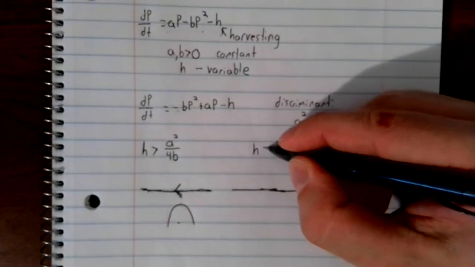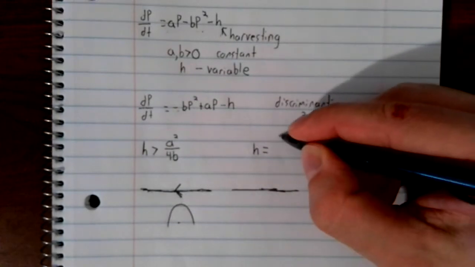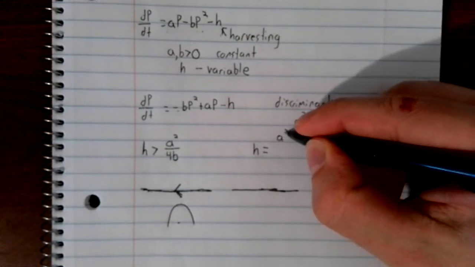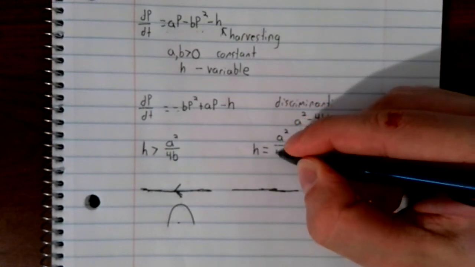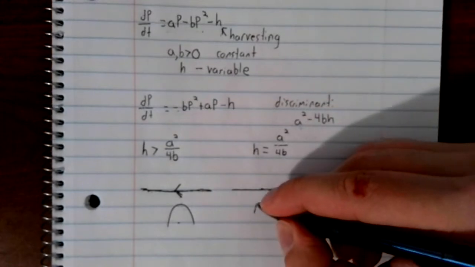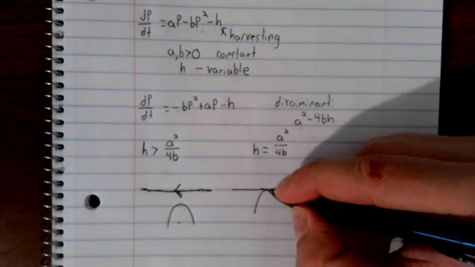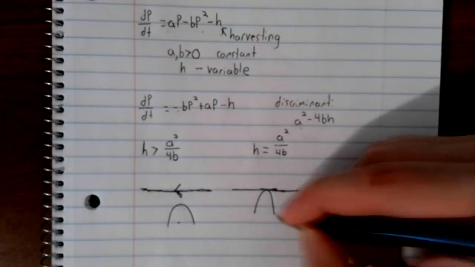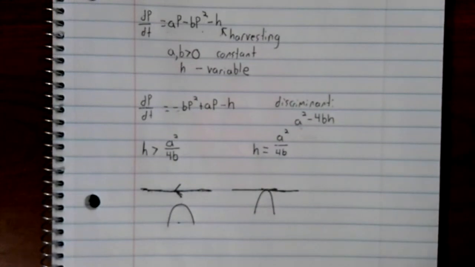And when h equals a squared divided by 4b, the vertex of the derivative now touches the x-axis.